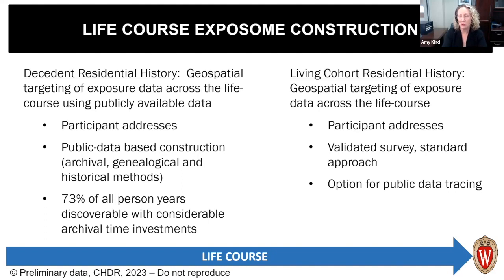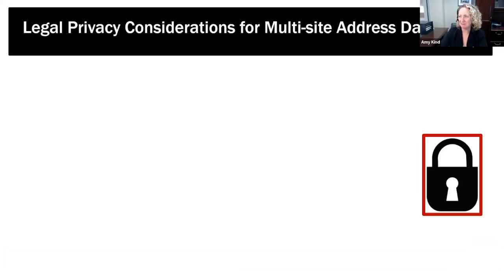Using this approach, we have been able to discover 73% of all person years for the decedents that have been characterized thus far. So this provides us with relatively complete timelines that then can be used to link different exposure metrics. In this study, we also enroll living participants, and the approach there is very simple. It just involves a survey.